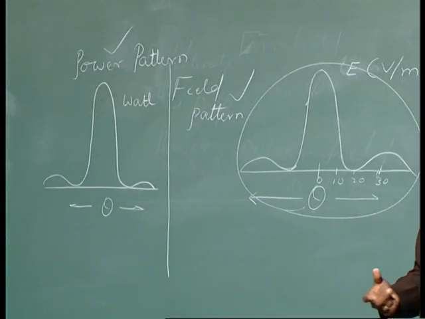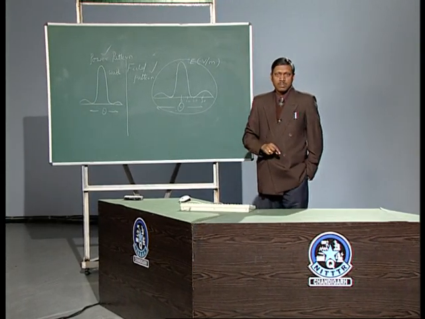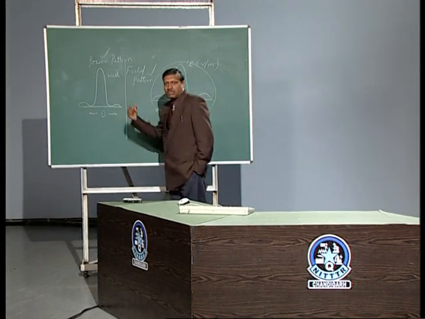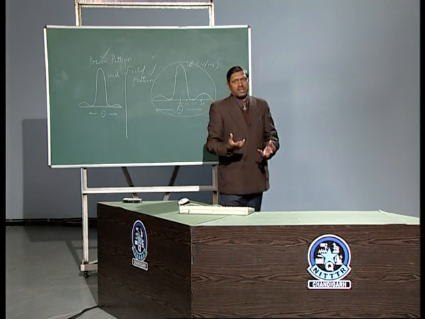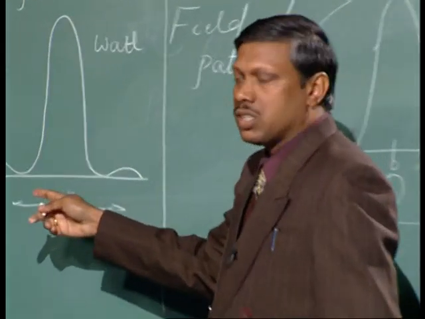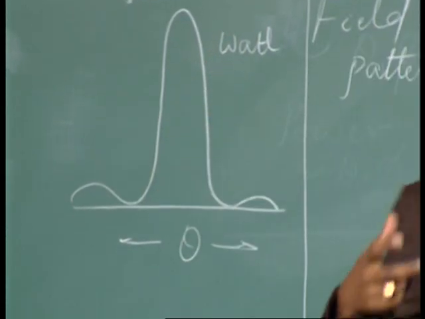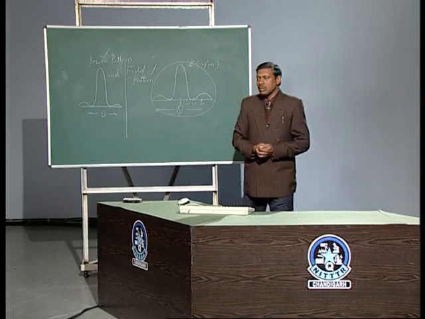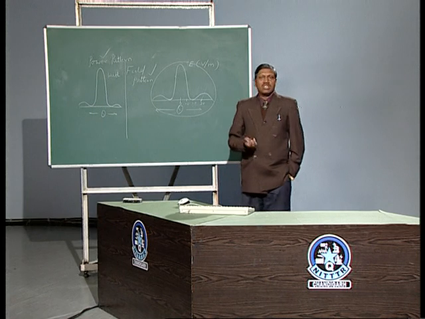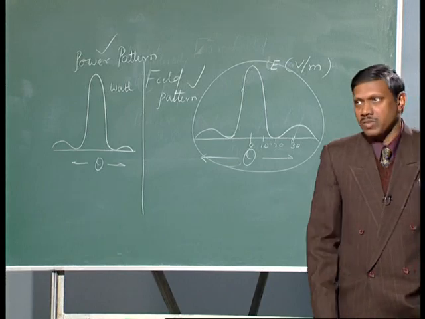So, obviously, the graph we get is nothing but angle versus the field intensity. This will be your field pattern. But if my measuring device is a power meter, then obviously the graph drawn with respect to theta will be in milliwatt or watt. So, the shape obtained after this graphical distribution will be called the power pattern. So, that is the way we have two types of radiation patterns, either field pattern or power pattern.